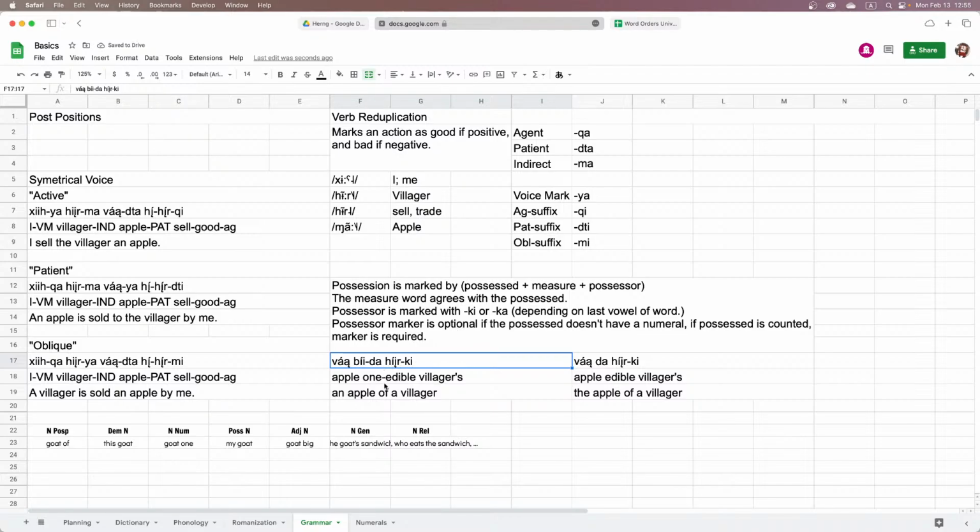So here in this example, it is required to have the marker. But in this example, I'll put it in parentheses, it is not required, as the measure word has kind of taken on a genitive meaning in and of itself.